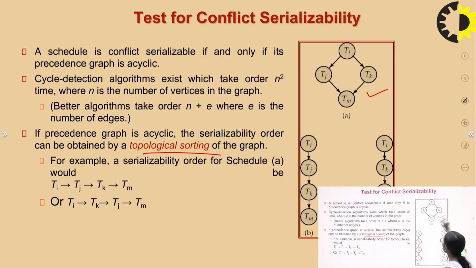Here, this is my acyclic graph, so it is a conflict serializable schedule. When I run the topological sorting, I got two orders. If I run my transactions in either of the two orders, that is Ti, then Tj, then Tk and Tm, my database consistency remains the same.